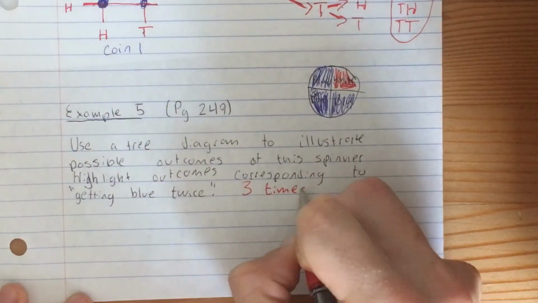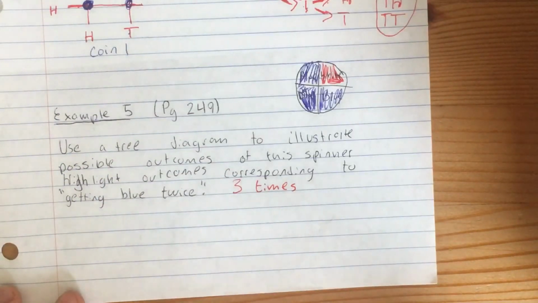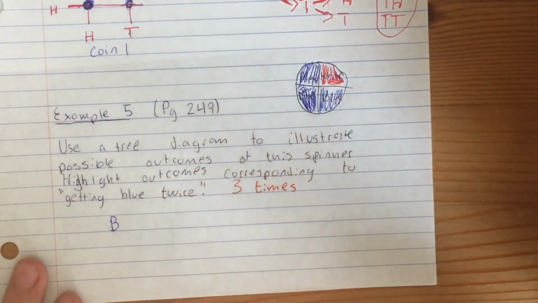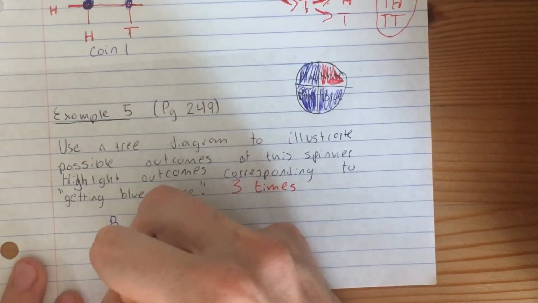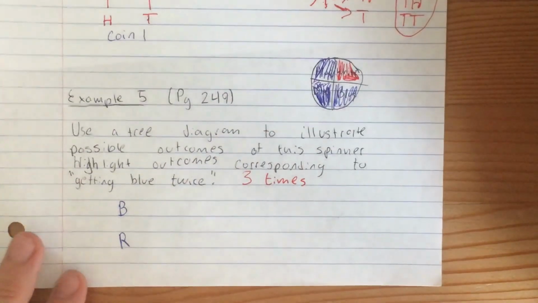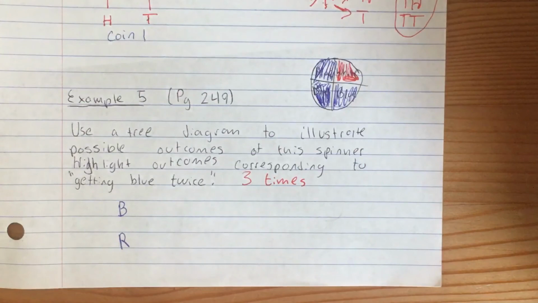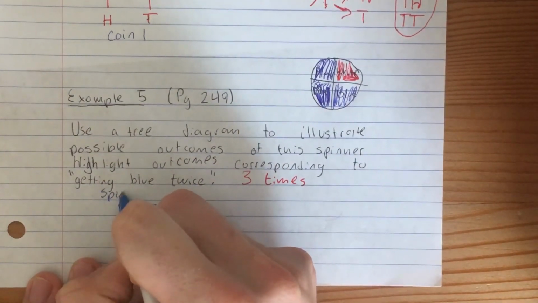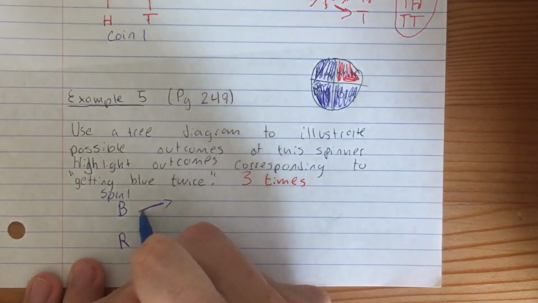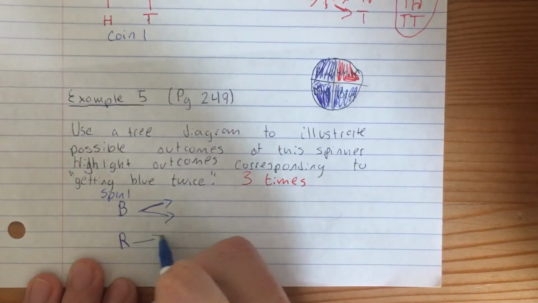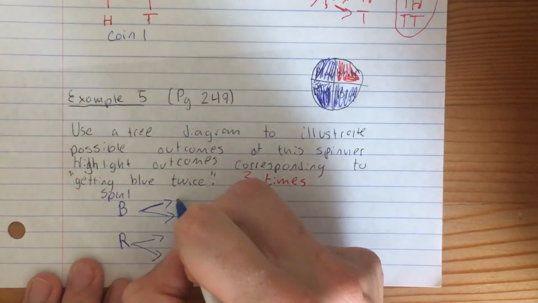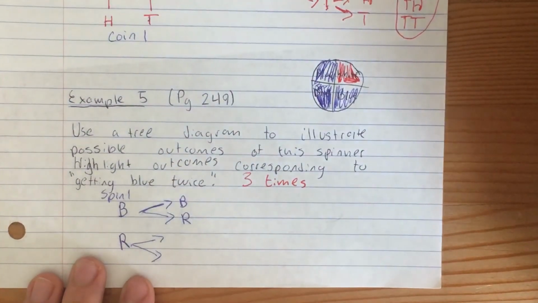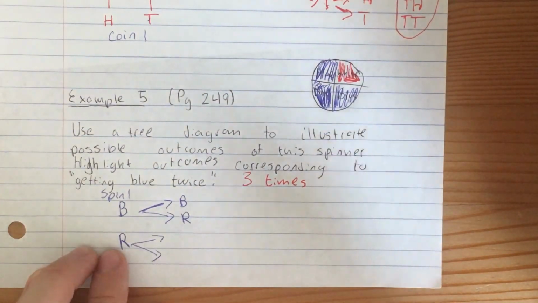So on the first spin, you can either get blue or you can get red. Those are the only 2 events that can occur here. So that was spin 1. On spin 2 here, you can go blue or you can go red again. And let's say you got red on the first spin.